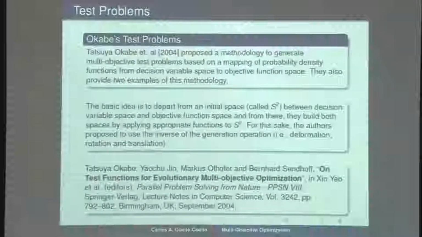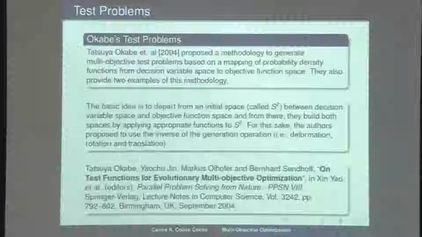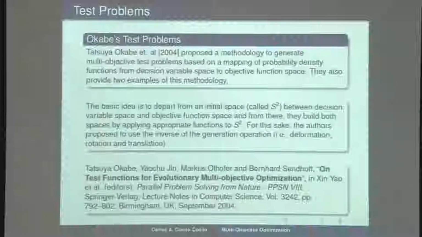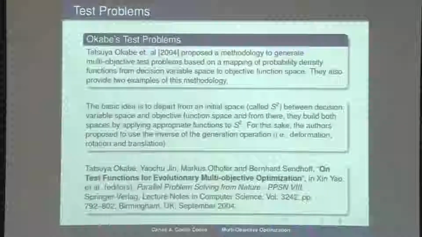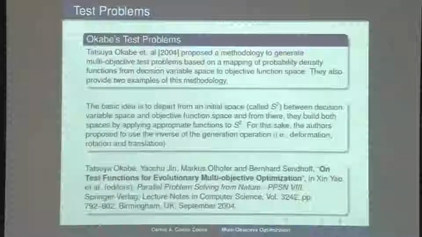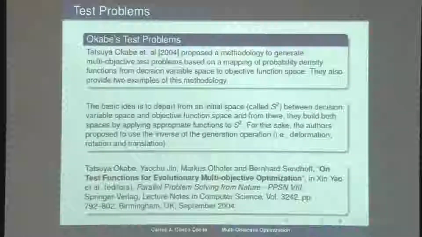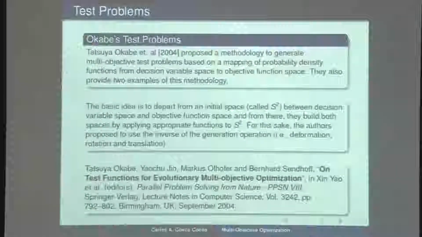Basically, he proposes in the paper and also in his thesis a methodology to generate multi-objective test problems based on a mapping of probability density functions from decision variable space to objective function space. He provides 2 examples in the paper, but in the thesis you can find more.